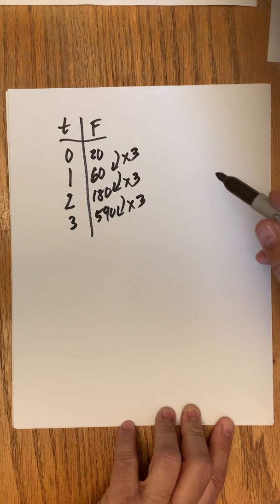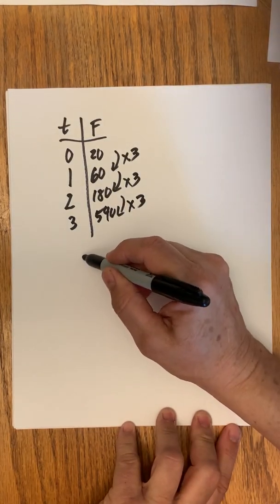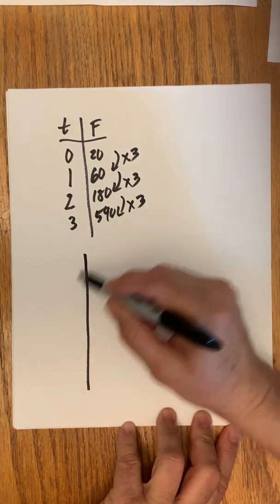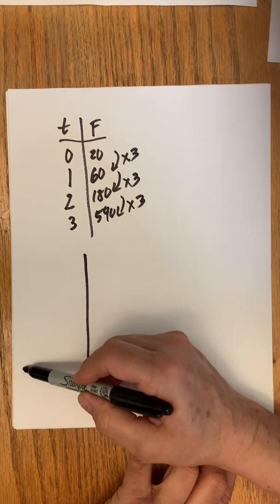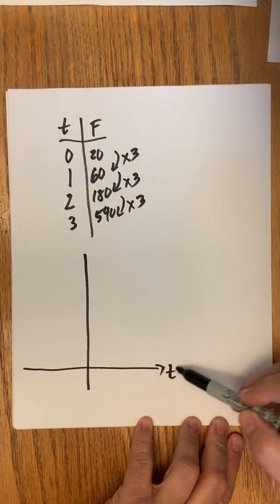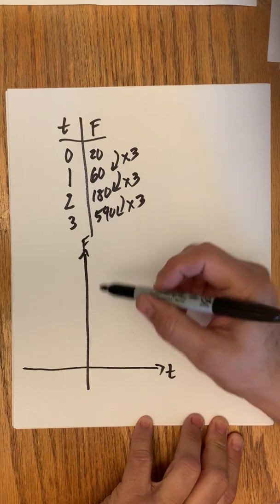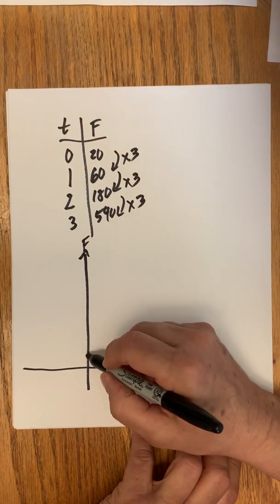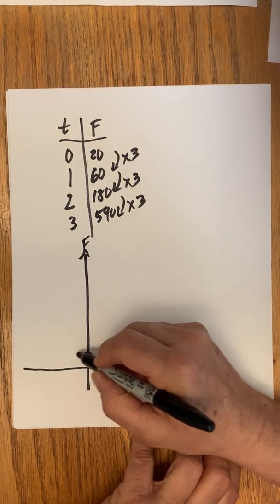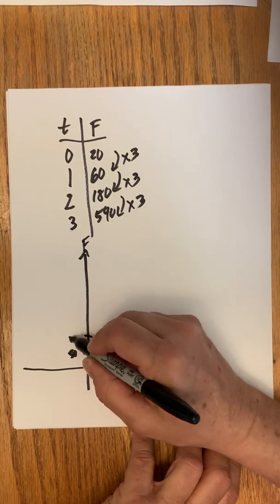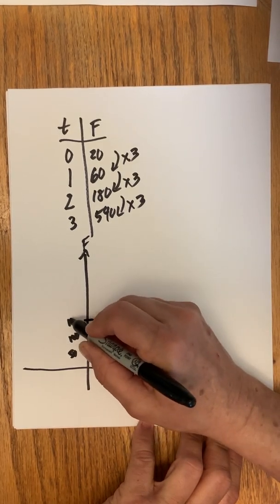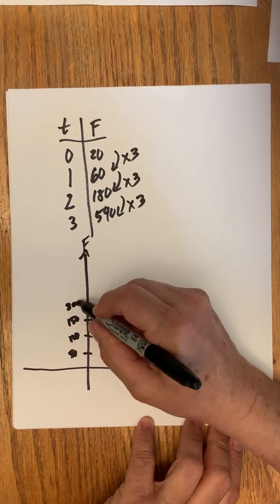Now, if we're going to graph this, I'm not going to try to graph the 540, because that's going to be kind of hard. T, F. So let's say we go by 50s: 50, 100, 150, 200.